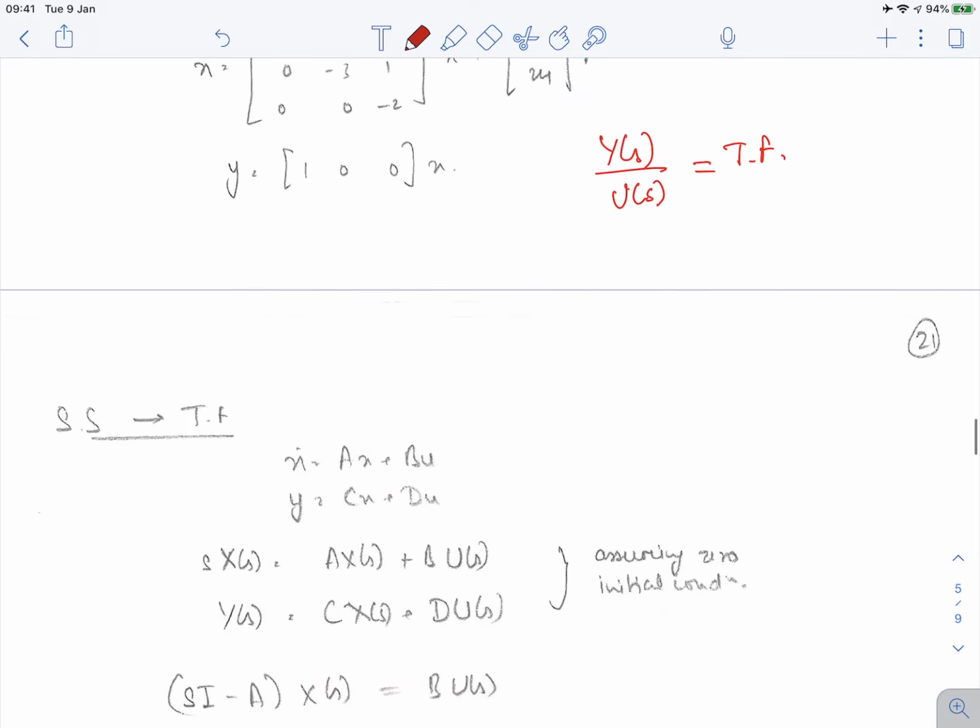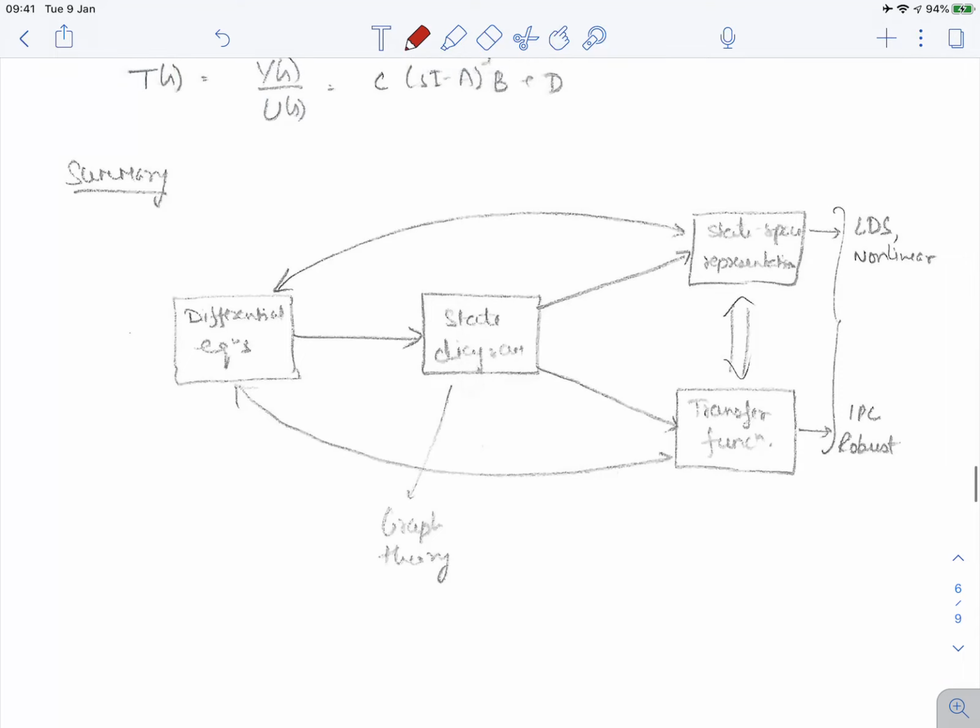If you see this summary, only the transfer functions are given to you. Yes, in this problem, you have to compute the transfer function. But if the differential equations are already given to you, then you can also obtain the state space representation directly.